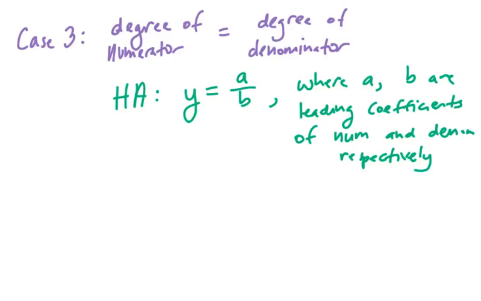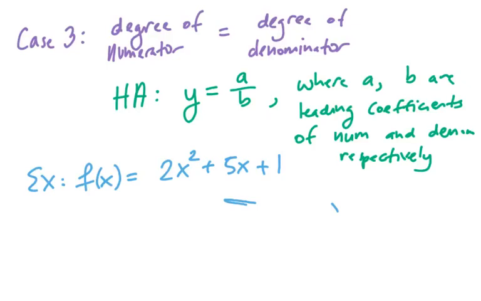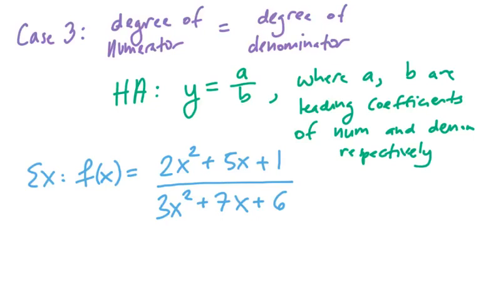All right, this demands an example. So if we've been given f of x equals 2x squared plus 5x plus 1, divided by 3x squared plus 7x plus 6. This feels like a fairly complicated rational function. There's a lot going on top and bottom, but again, I'm really focused on the highest degree in the numerator as compared to the highest degree in the denominator. 2 equals 2.